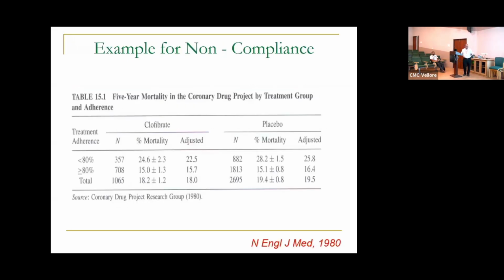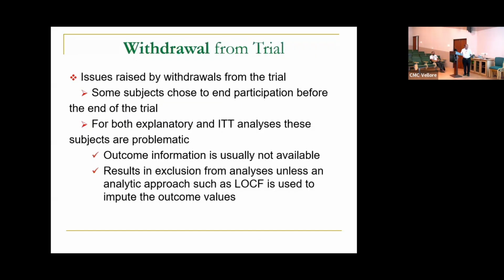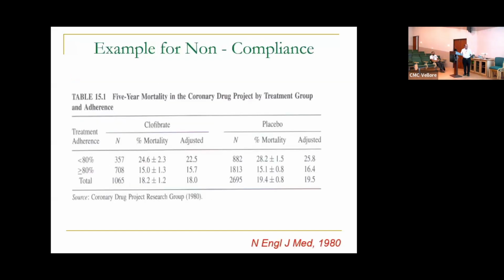If you look at this data, the response rate with good compliance, over 80%, in both was 15%. This is also 15%. Let us not discuss whether it is significant or not. Overall, it is around 15%.